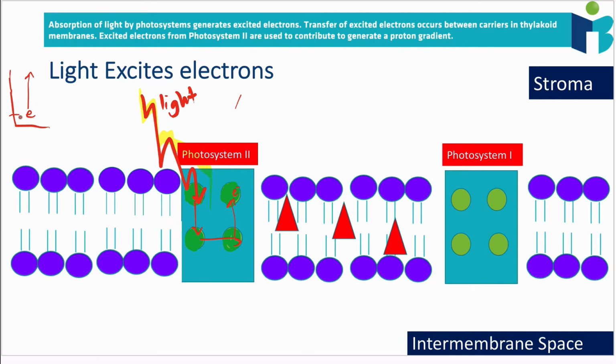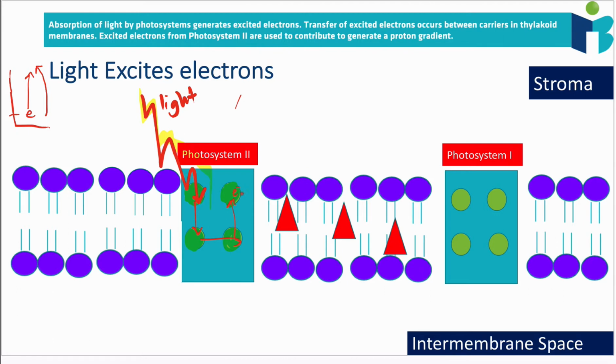That's pretty obvious, right? It's equivalent to taking someone at the bottom of a mountain and transporting them with a helicopter all the way up to the top. The people at the top of the mountain now have more energy. They're excited. And electrons behave in the same way. So light energy is used to excite electrons in chlorophyll. That's the first syllabus point: the absorption of light by photosystems generates excited electrons.